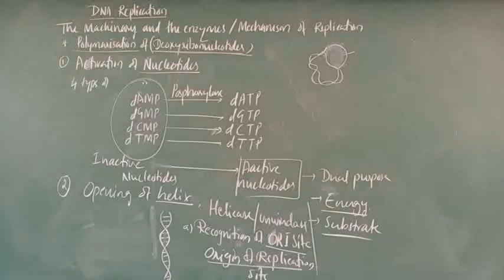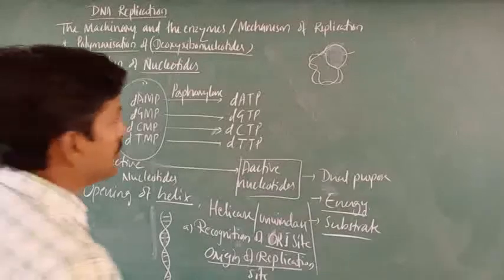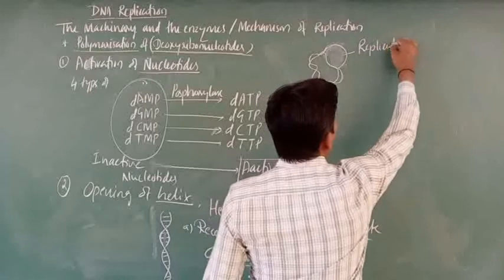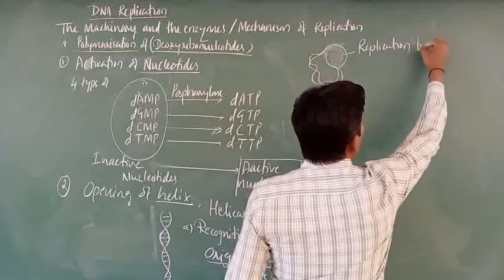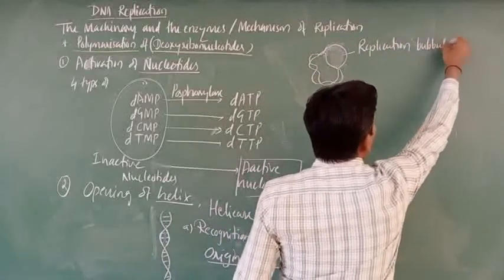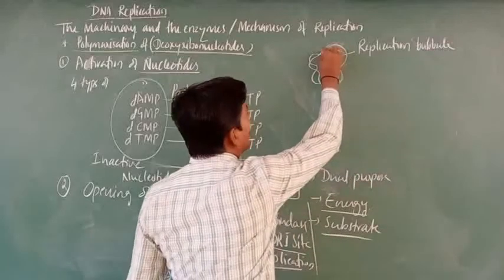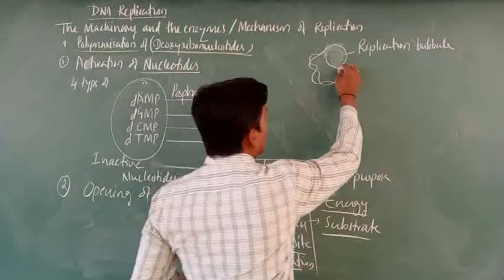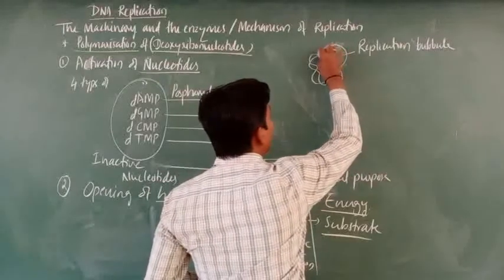In case of linear DNA, that site is referred to as the replication fork. So in a circular DNA, we call it replication bubble, because open ends are not there.